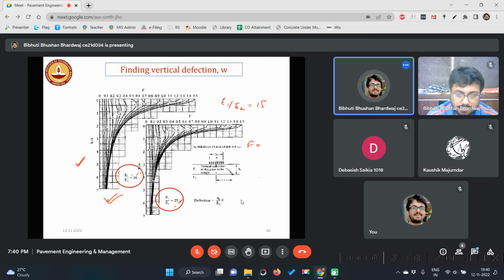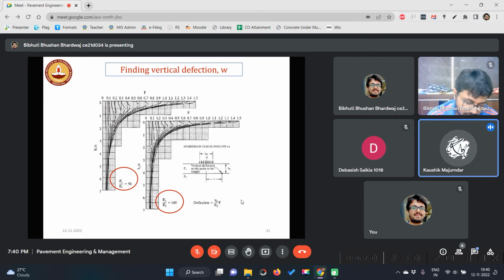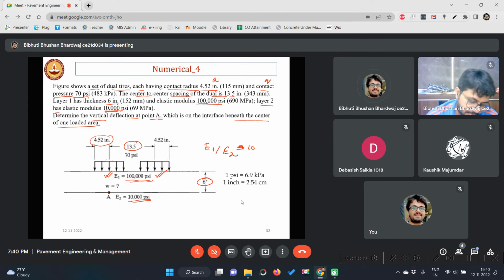Now in this case, tell me what is F. First, tell me the value of F. Sir, can you go to the previous diagram? I did not write some data. Okay. Okay, sir. Yes, done. So tell.